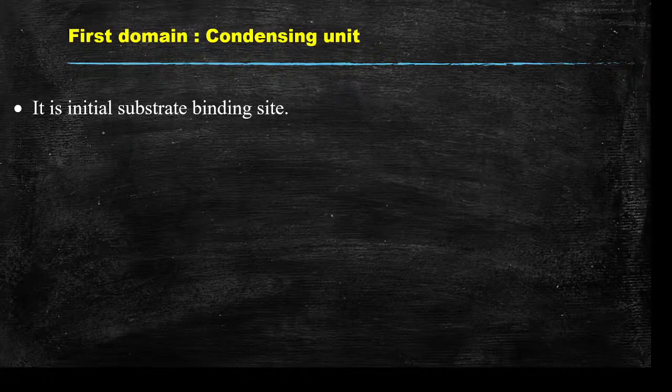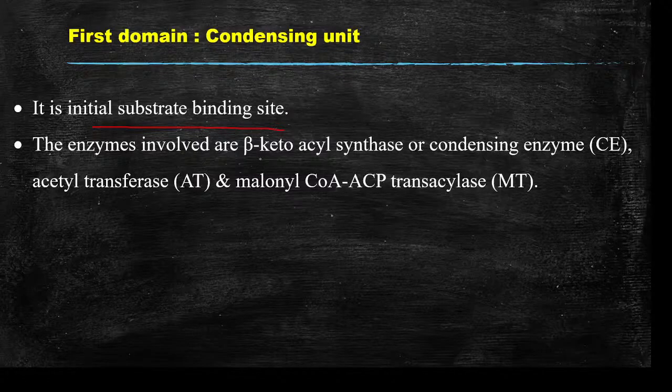The first domain is the initial substrate binding site. The enzymes involved are beta ketoacyl synthase, or what we call the condensing enzyme, acetyl transferase, and malonyl CoA ACP transacylase: CE, AT, and MT.